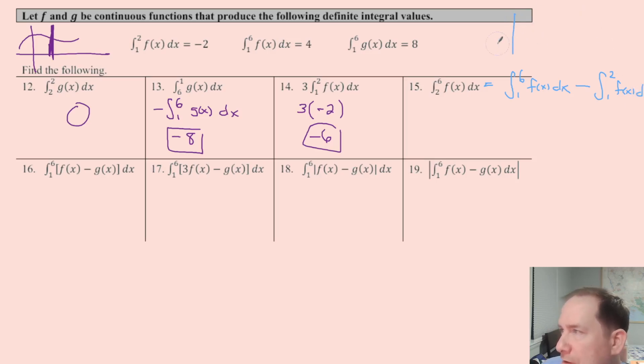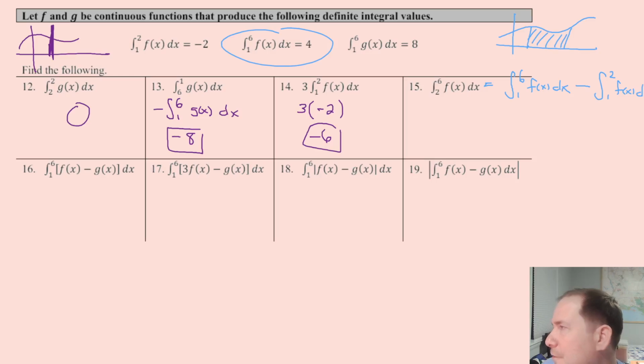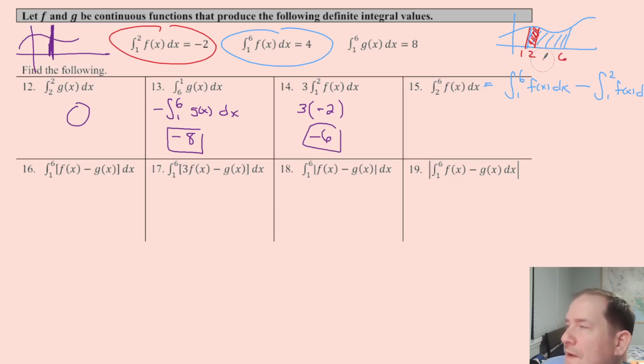Think of it like this. The integral here that they gave us the value of, that goes from 1 to 6, that's like too big of a slice, right? We only want the slice that goes from 2 to 6. Luckily for us, we happen to know the integral that goes from 1 to 2. It's right here. So if I take that chunk of area away, this is 1, this is 2, this is 6, then if I can take away the integral from 1 to 2, then of course I'm left with the integral that goes from 2 to 6.